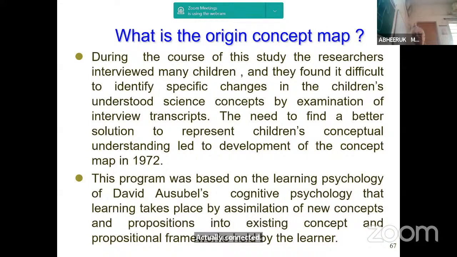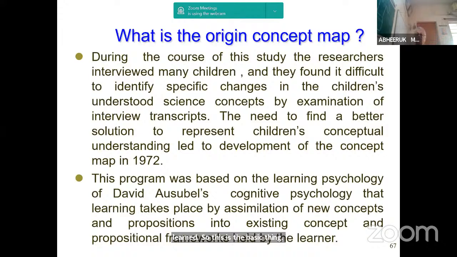So this structure in the brain, how these different concepts are connected, is represented in the concept map. So next, by interviewing, he tried to understand how these children are connecting the different concepts. Through that, he tried to understand how they have learned. So this is the basic thing.